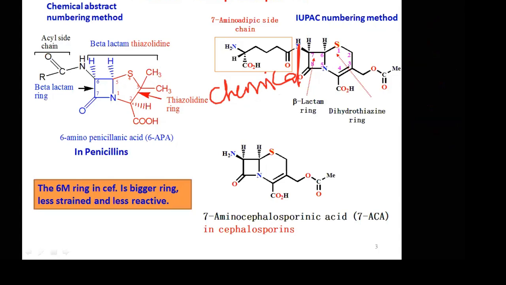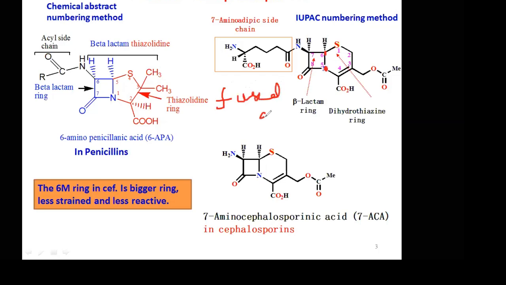This is a bicyclic ring, no? This is a fused ring, and this is also a fused ring. So in chemical abstract numbering, the numbering starts from the fused atom.